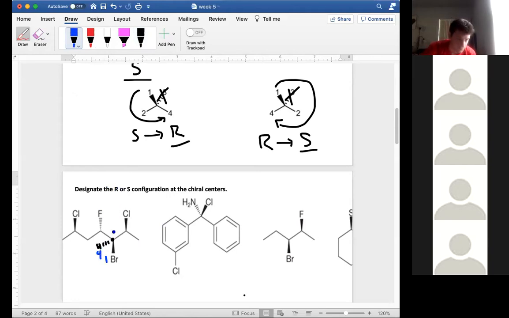All right, so looking at the left side and the right side, which one would be the higher priority? So 2 and 3, right? We cover what's in the back, which would be 4. Right now we have S. Do we have to flip it?